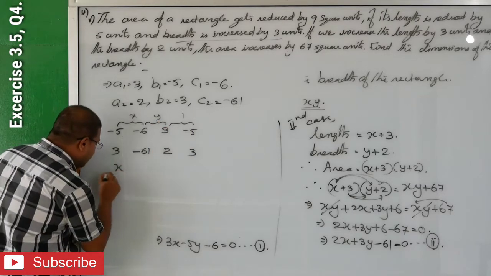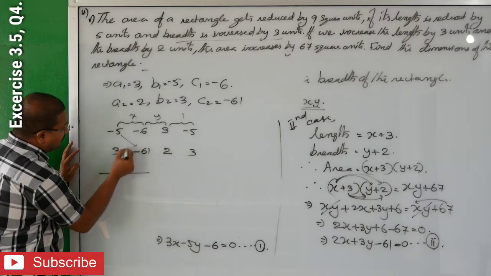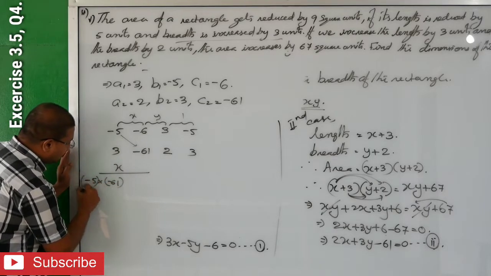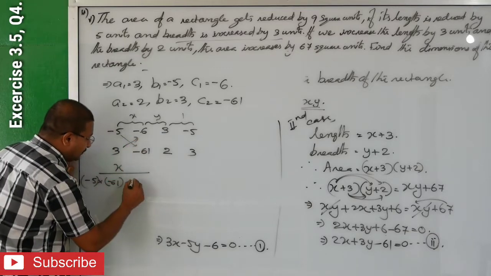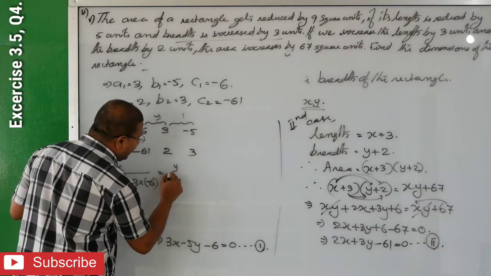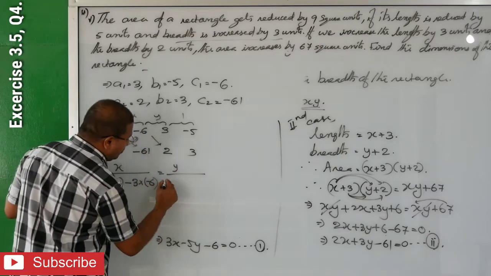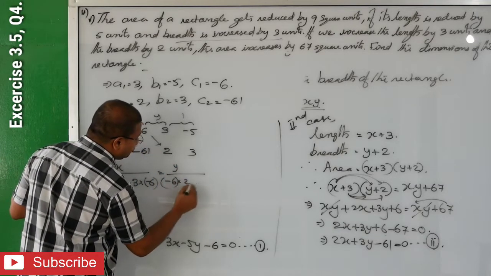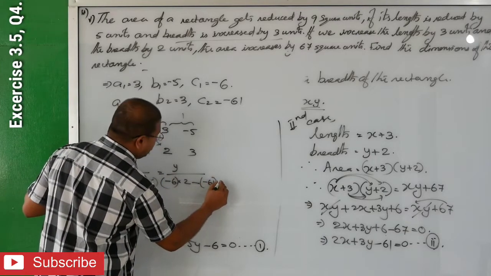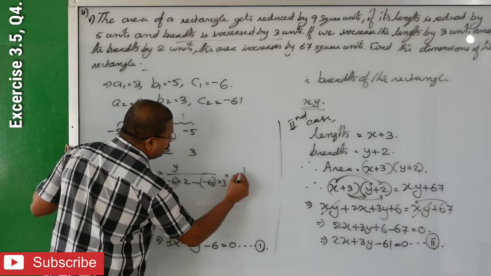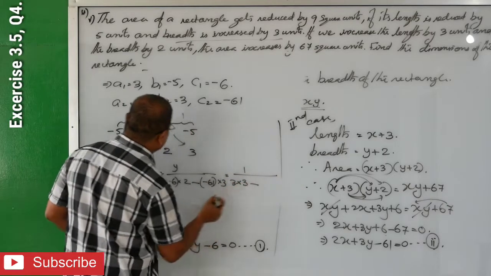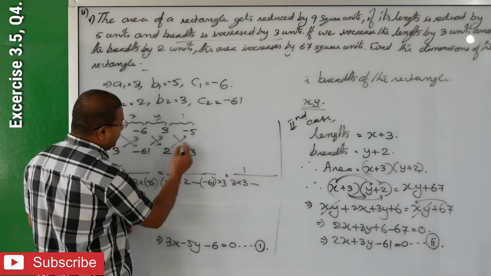That means x divided by, this two will multiply, minus 5 into minus 61 minus this two, 3 into minus 6, equals y divided by this two, minus 6 into 2 minus this two, minus 61 into 3, equals 1 divided by this two, 3 into 3 minus this two, 2 into minus 5.